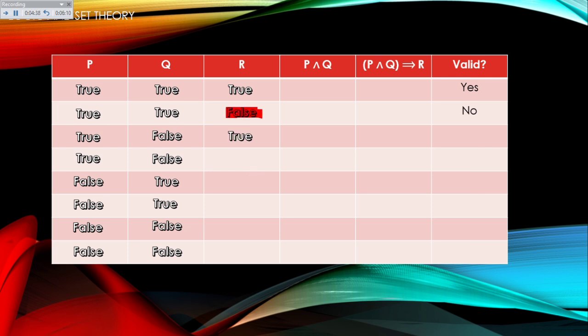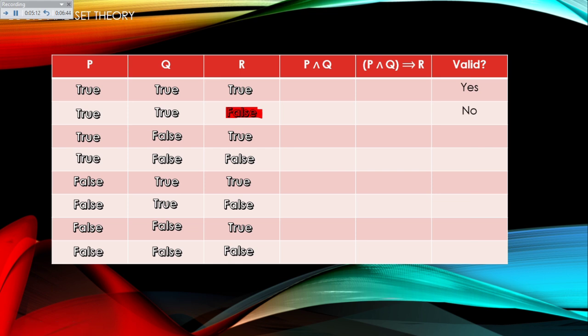If P is true and Q is false, it is false. If P is false and Q is true, it is true, and so on.